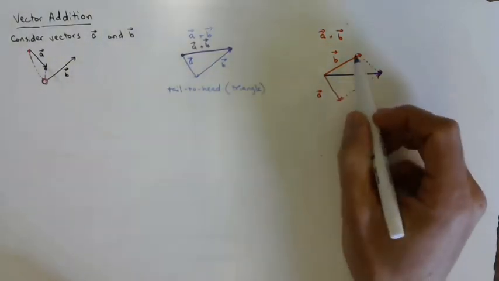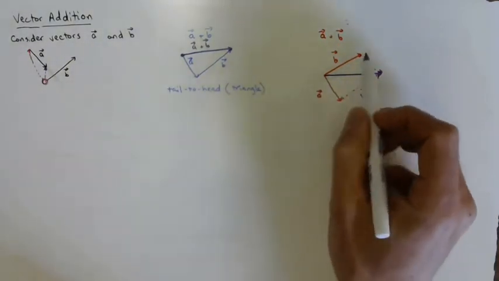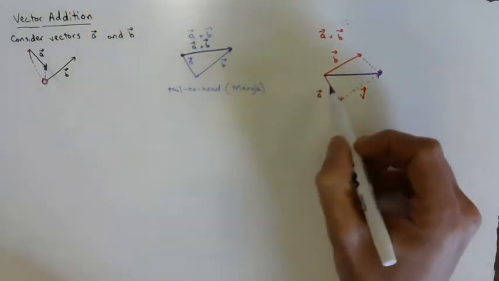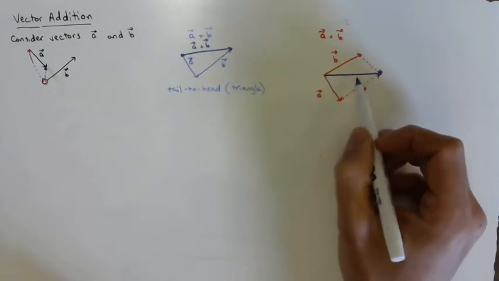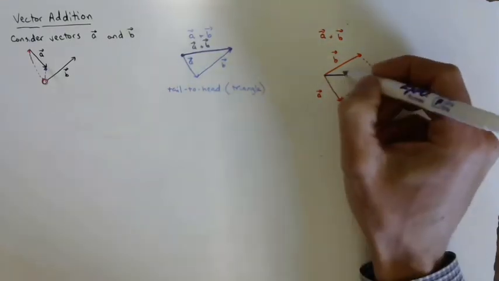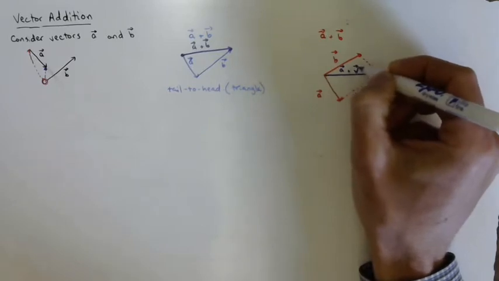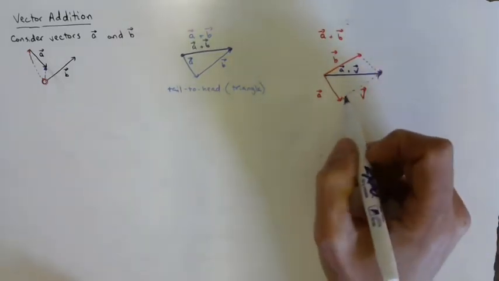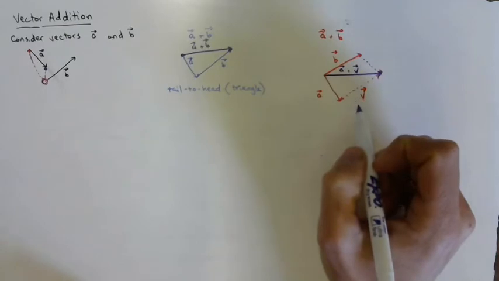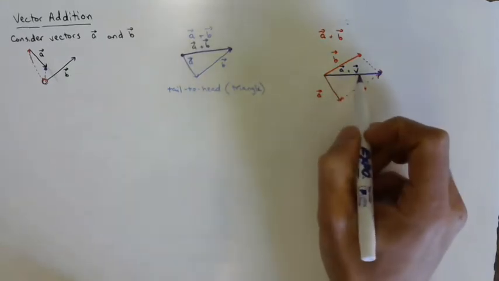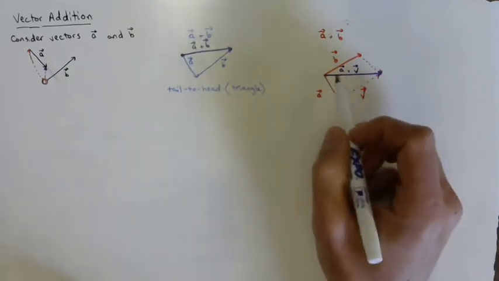So we've used our tail to tail parallelogram to create a tail to head situation with a plus v, and we have the resultant vector here, a plus v. And because v is parallel to b, a plus v will be the same as a plus b.